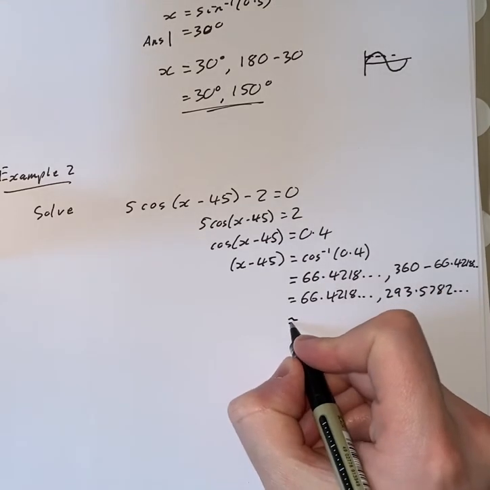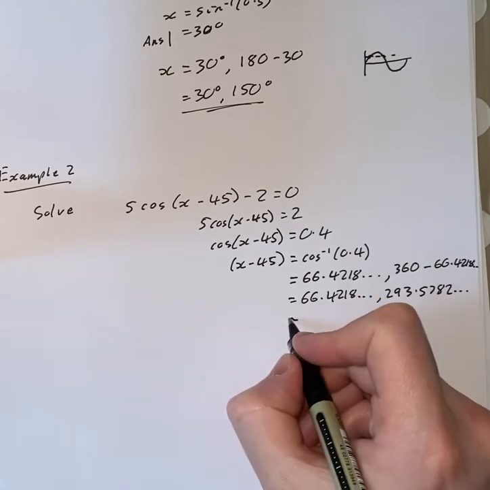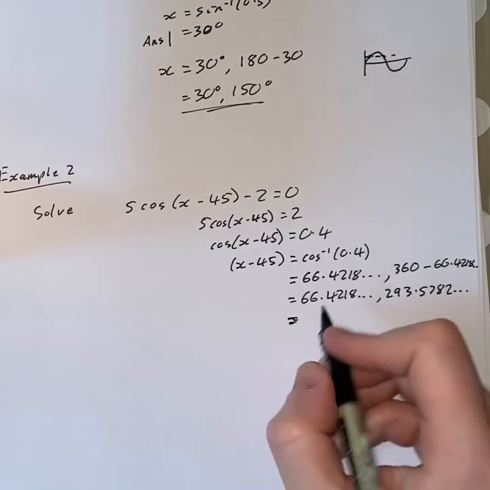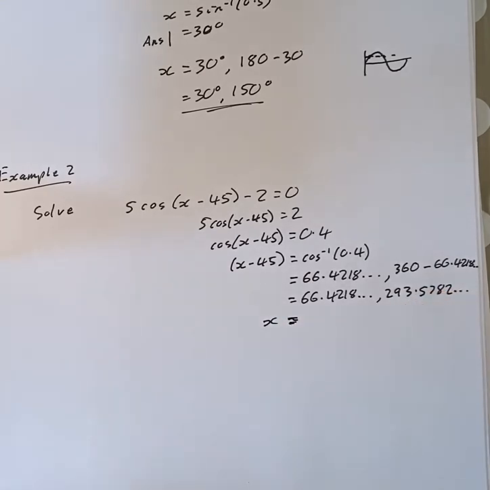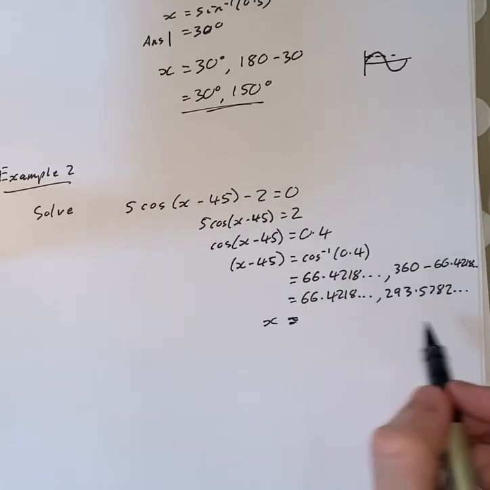That gives us 293.5782. Now, that's all well and good, but this is with a minus 45. So we need x. We just need to add 45 to both of these cases, like we did in that example yesterday. It's just that we're now doing it to both answers.